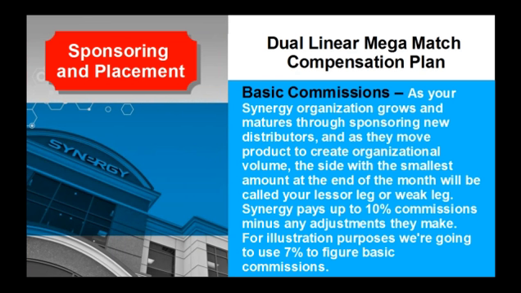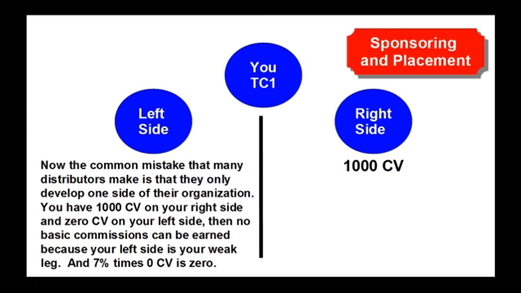So what I typically do is I always use 7% as a percentage to figure basic commissions when I do illustrations, because I've never seen it less than that. It's usually higher than that, but it fluctuates. And so I just use 7% because it's an easy way to multiply.